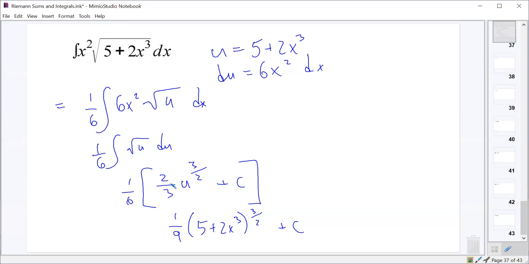Officially, that 1/6 gets distributed through that c, but 1/6 of a constant is still a constant. If you just write c, that's fine with me. Because note, we could also have just brought the 1/6 in when we integrated, and then it's the same. So everybody good there or no?